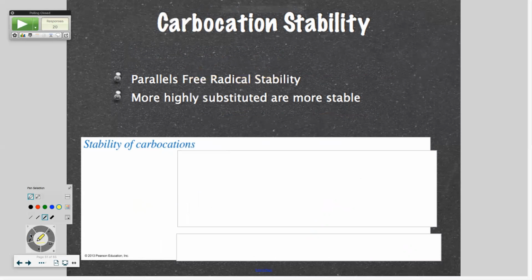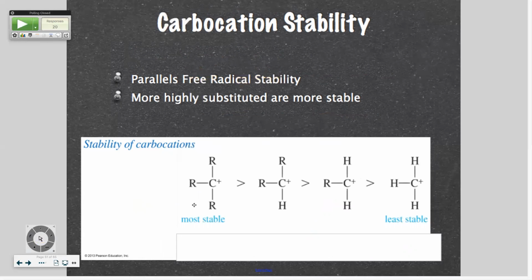All right, hang on. I think to get this to go away, I have to do that. Okay, so here we have what kind of carbocation is that first one? A tertiary one, right? Because there's 3 R groups. If you have 2 R groups, it's secondary. And if you have 1, it's primary.